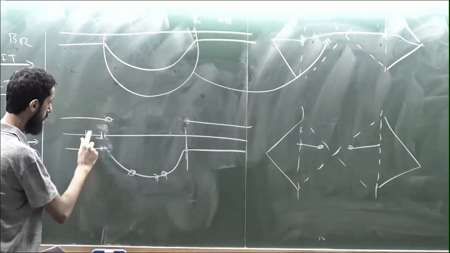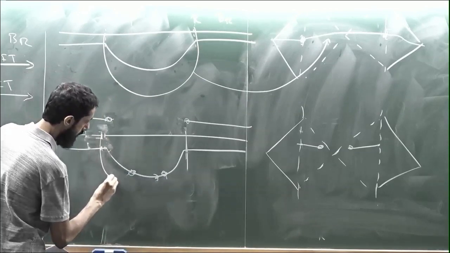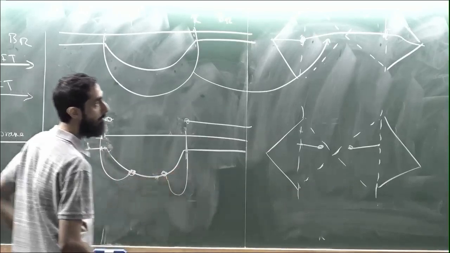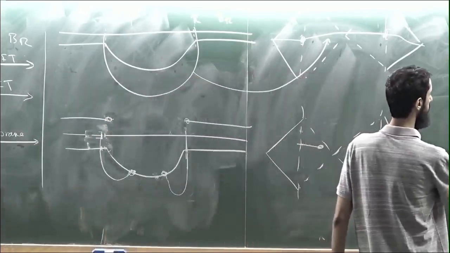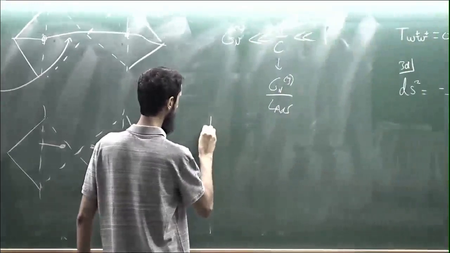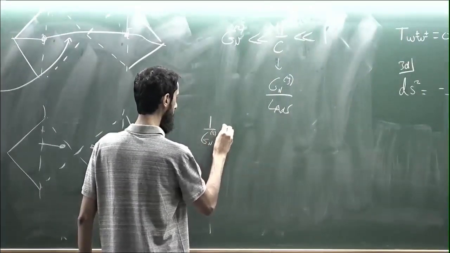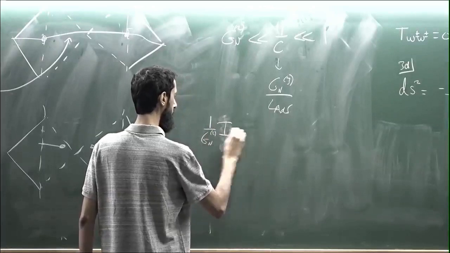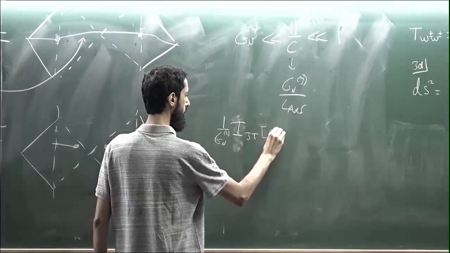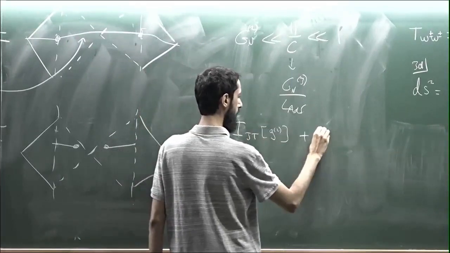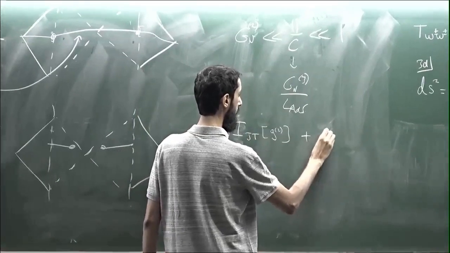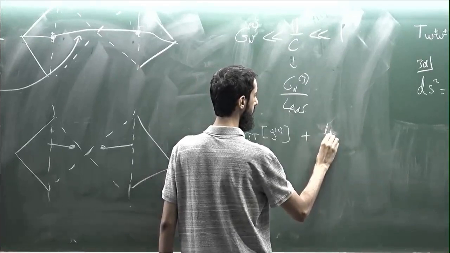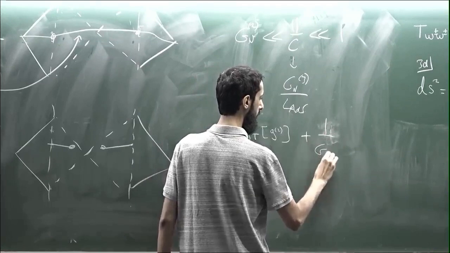First, let me just draw this as I drew it before. You can ask, what is the bulk theory that I have? The bulk theory is, I have 1 over G Newton 2 dimensions, the JT action of G2, plus 1 over, no, what am I doing? 1 over G Newton 3.